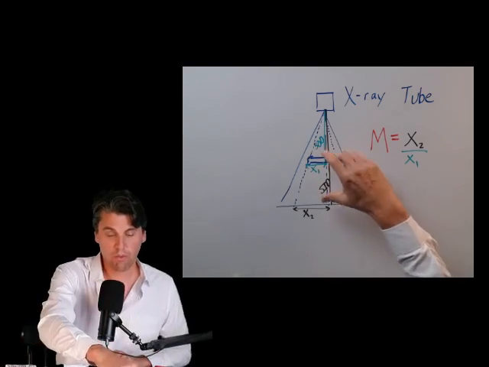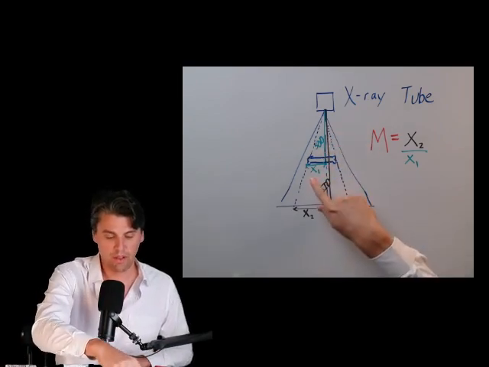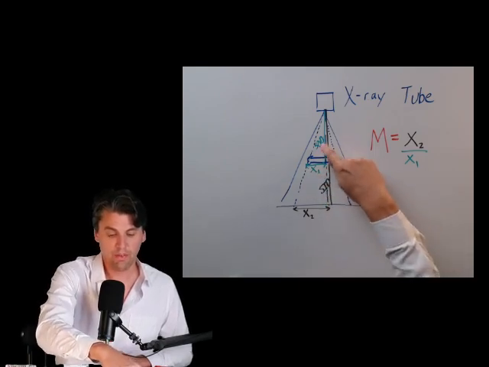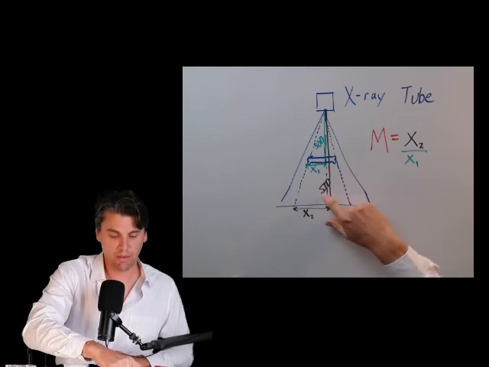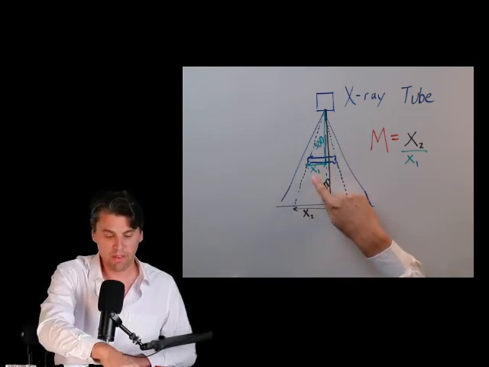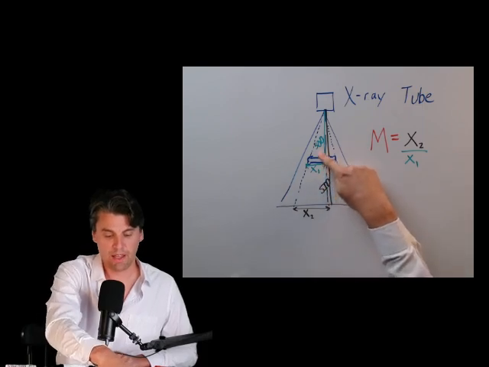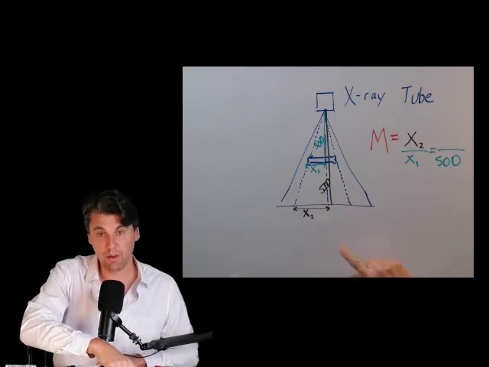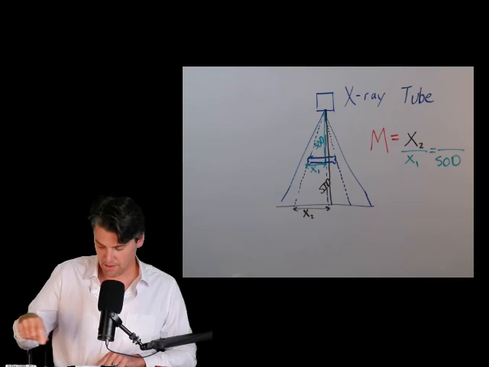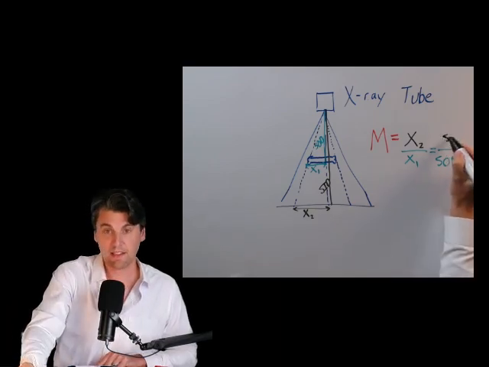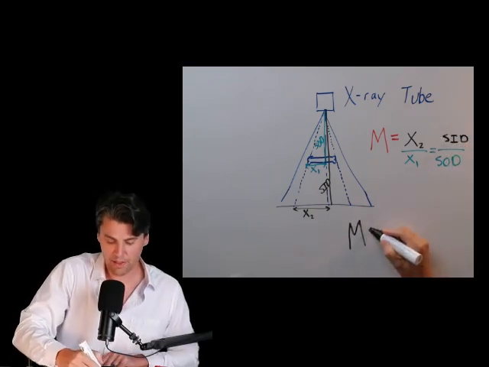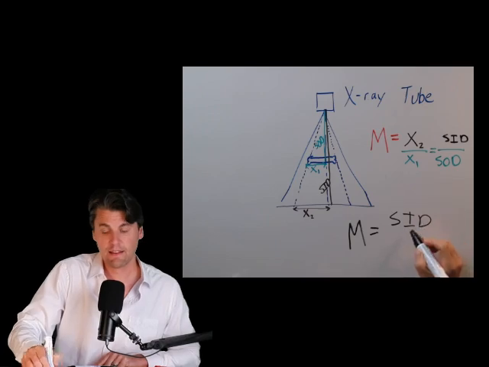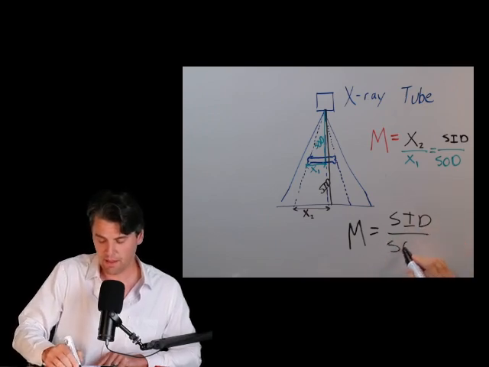These are what's called similar triangles. That means the ratio between these two values is the same as the ratio between these two values. Wherever we see x1, we could also plug in the source to object distance. And wherever we see x2, we could plug in the source to image distance. Again, magnification is just the SID divided by the SOD.